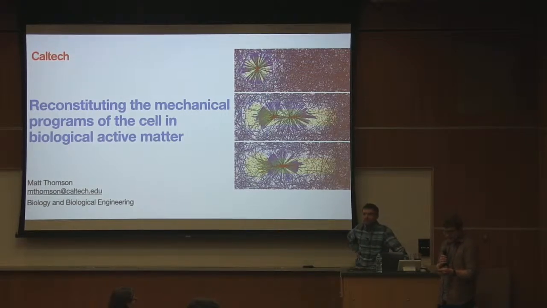Then I came to know him when he was a theory fellow at UCSF, where he was exploring tissue organization through the lens of both theory and experiment. He started his own group at Caltech in 2018, interested in foundational principles governing biological self-organization across scales, from force generation at the level of motors, like we'll be hearing about today, all the way to embryonic development. So without further ado, take it.